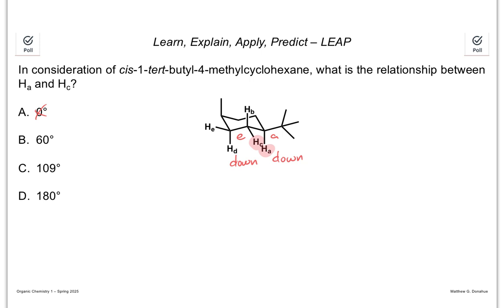And in terms of this H carbon, carbon H, it's got to be a multiple of 60 degrees. So it can't be 109. We know they're not anti because they're on the same face. They're both down. So that's also 60 degrees or gauche. So now you're looking at this hydrogen and this one. So that angle of rotation is 60. So that's gauche as well.